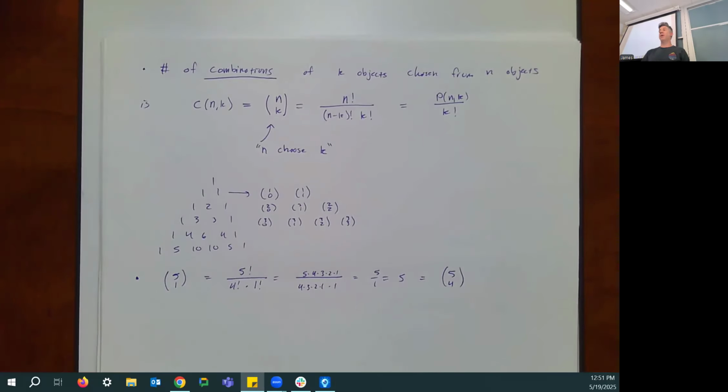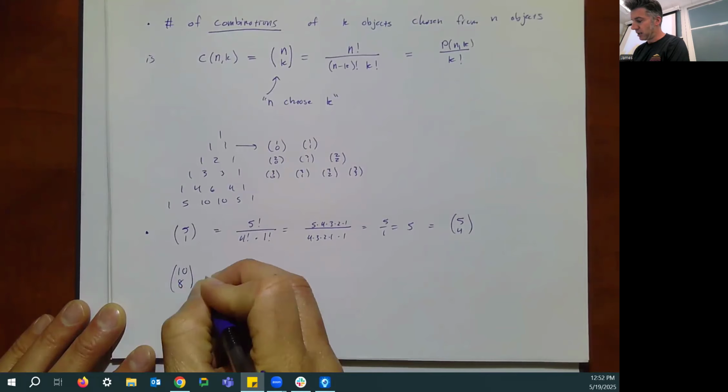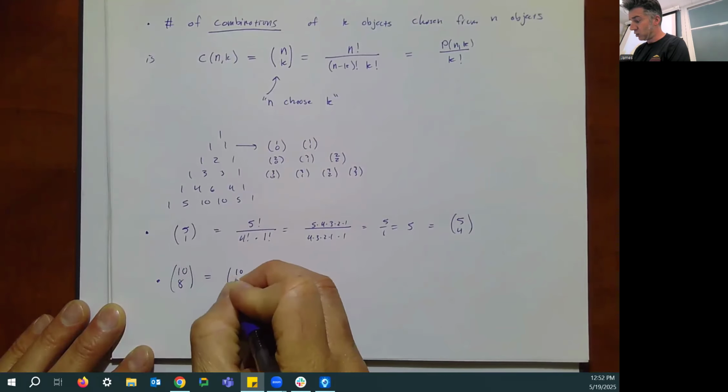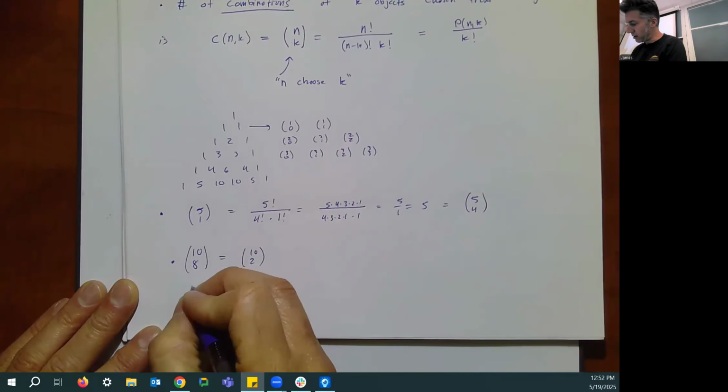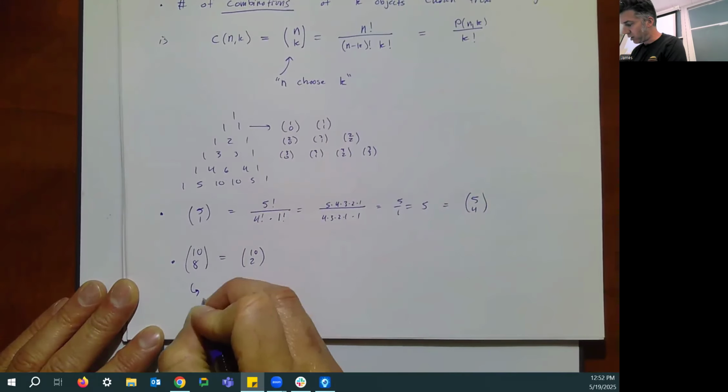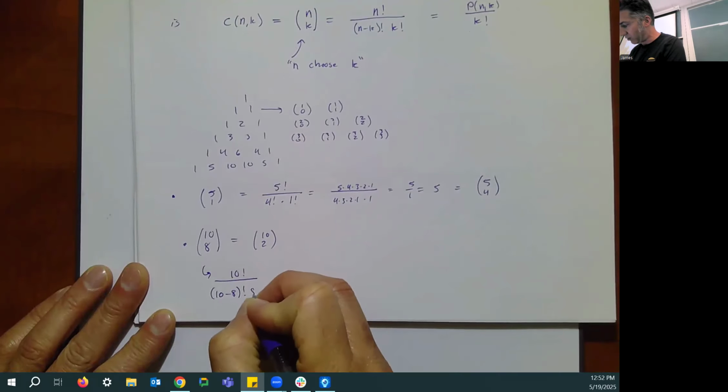So one thing that's nice about this choose function is there's symmetry. If you have something choose a number, it's the same as something choose the difference between those two numbers. So for example, 10 choose 8 is the same as 10 choose 2. Look at it. 10 choose 8 is going to be 10 factorial over 10 minus 8 factorial times 8 factorial.